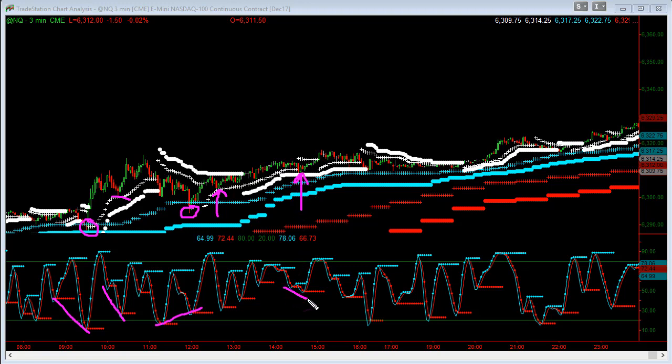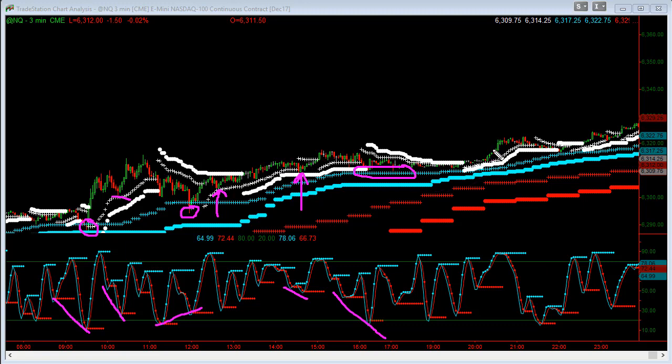Again, you had hidden divergence because price did not go lower. Again, you test the middle ATR, which is from the 12-minute chart.